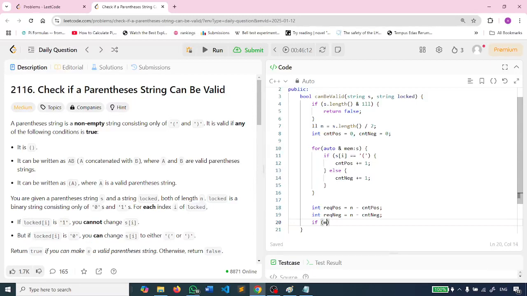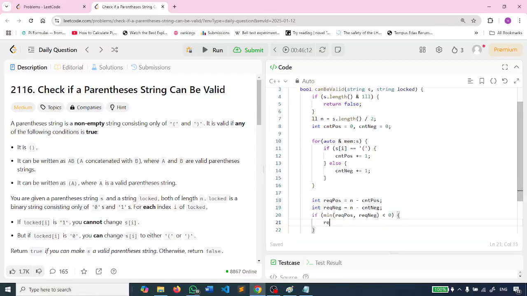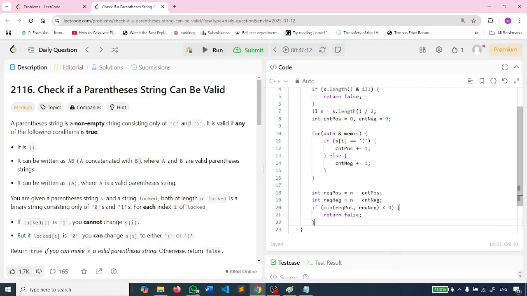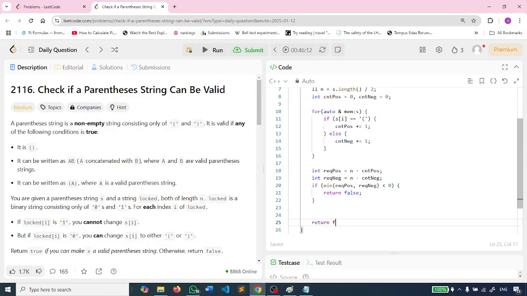Let's just take the minimum of rec pos comma rec neg; if less than 0, then return false, else return true, just like the default condition.